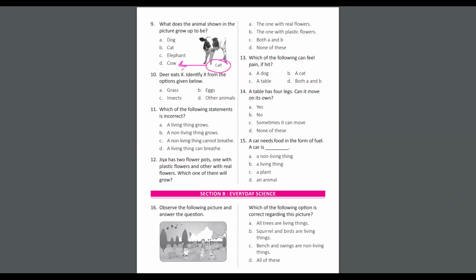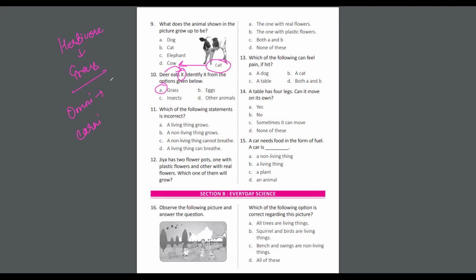Deer eats eggs. Eggs means you need to identify what a deer can eat. A deer can eat grass. It never eats insects or other animals or eggs because it is a herbivore animal. What are herbivore animals? Herbivore animals are those which eat grass only, right? Then we have omnivores and carnivores.